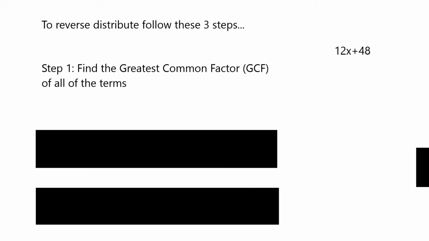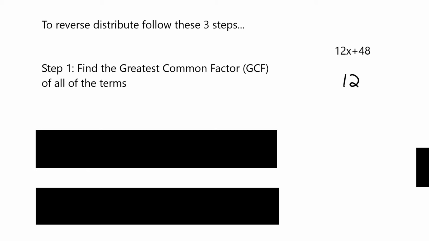In this problem, the GCF of these two is the number 12. If you need help in finding the greatest common factor of multiple numbers, see the greatest common factor video.